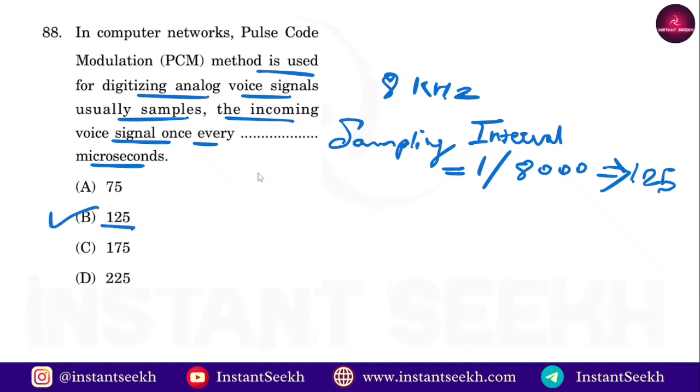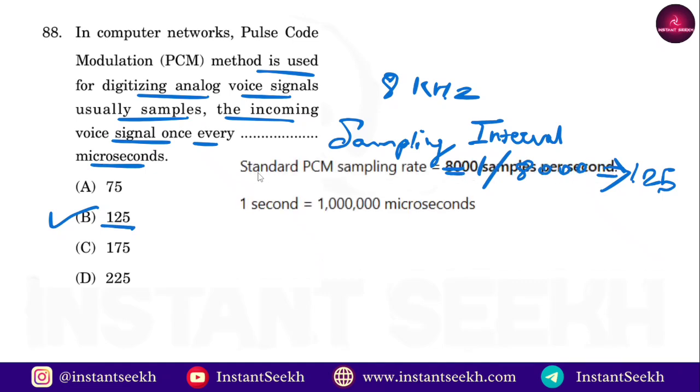Your right option will be option B, that is 125 microseconds. Here you can see I have solved it: the standard sampling rate is 8000 samples per second, and 1 second equals 10 lakh microseconds. If you divide 10 lakh microseconds by 8000, you get 125 microseconds. So option B is your right answer.